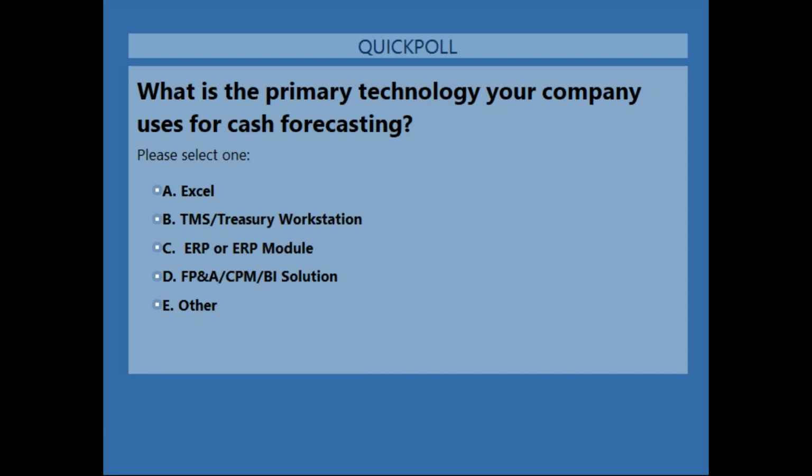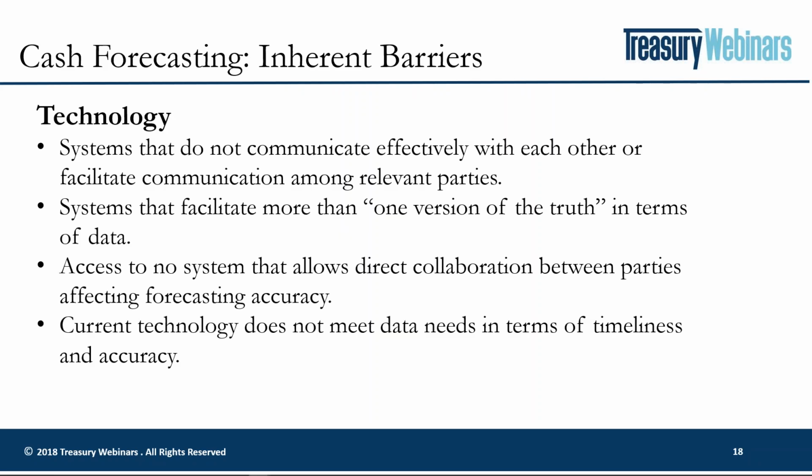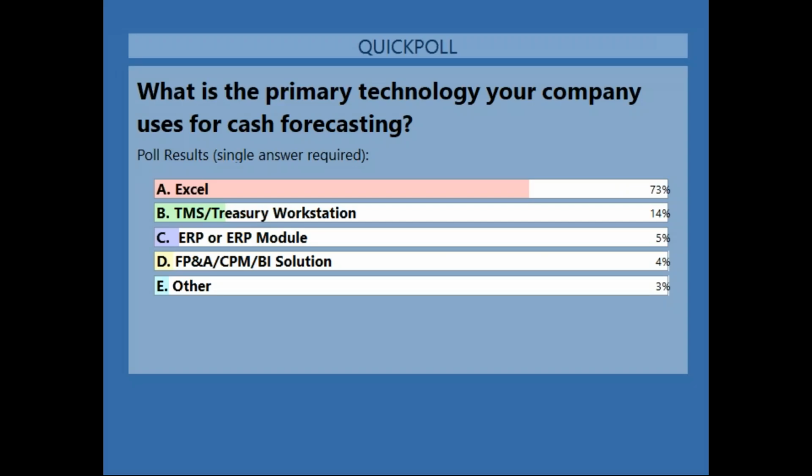So let's go ahead and close that polling question, and let's see what we have here. We have the overwhelming majority in Excel, 73%. I'm not necessarily surprised by that number. The good news is, hopefully after this webinar, you will be inspired to see what's out there and look outside of Excel.